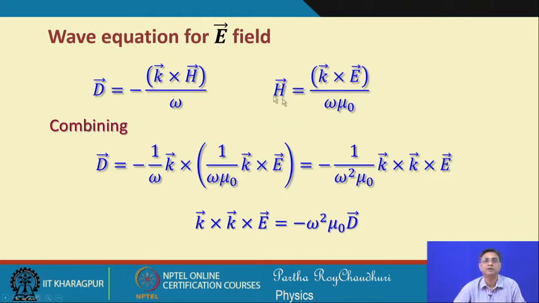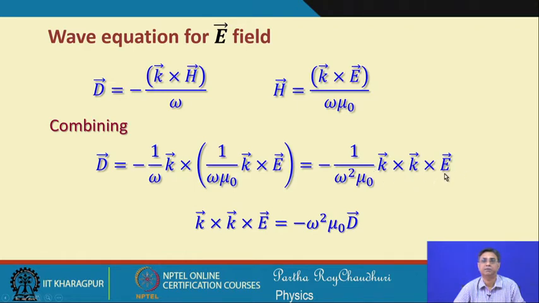So, if I combine these two equations, that is, if I substitute this quantity in place of H, then we can write D equal to minus 1 by omega k cross, and for H we have brought in this 1 by omega mu naught k cross E. So, you can write this as minus 1 by omega square mu naught k cross k cross E.